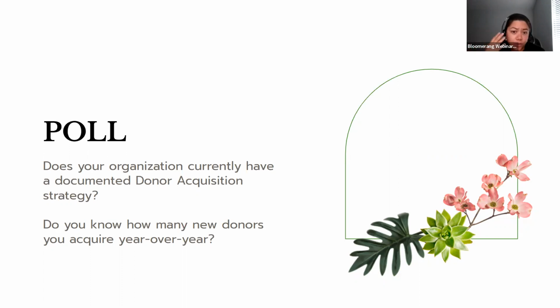Maybe it's in one or two people's heads and you really need to start writing that down. Again, that speaks to the sustainability of your organization. Perhaps you're actively working toward building and documenting one, or maybe you're just in the early planning stages, or maybe not yet, and you're not quite sure when that's going to happen. Again, no judgment here. We're all pretty busy and we need to budget our time accordingly, but it's good to know where you are in the process.